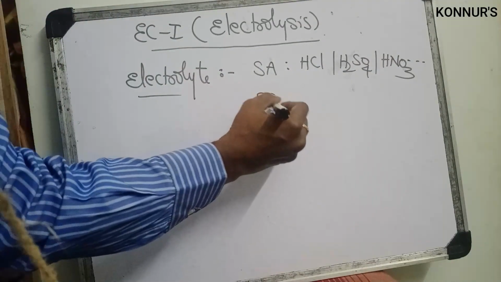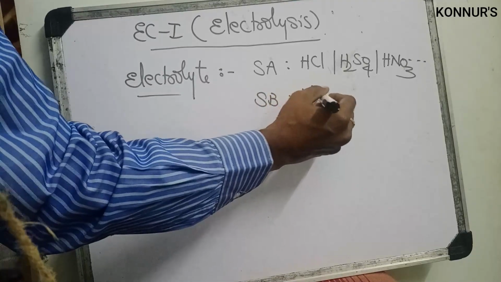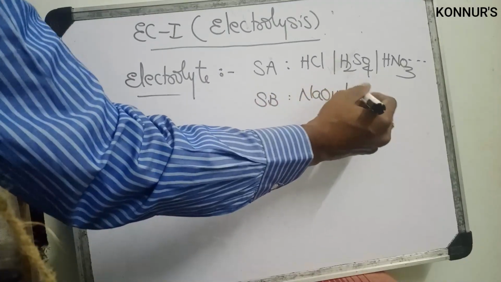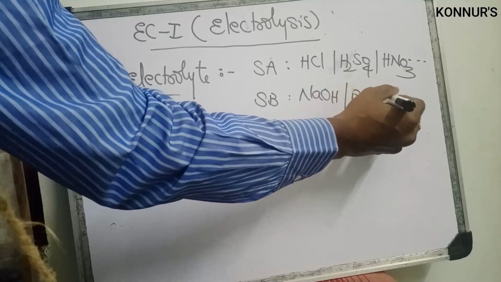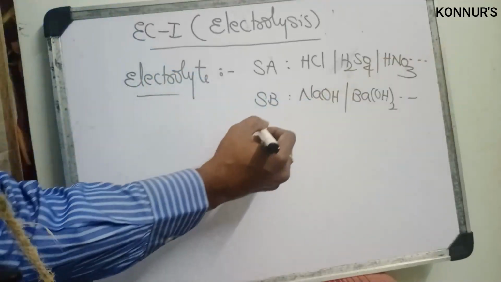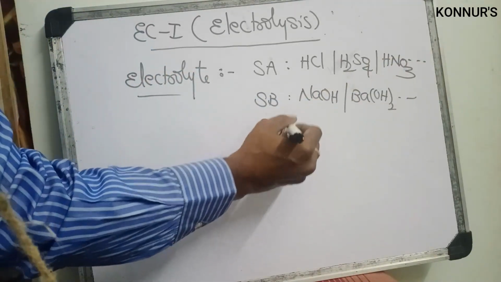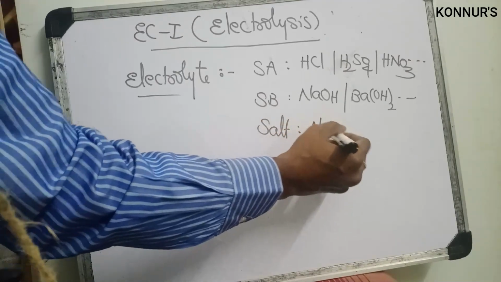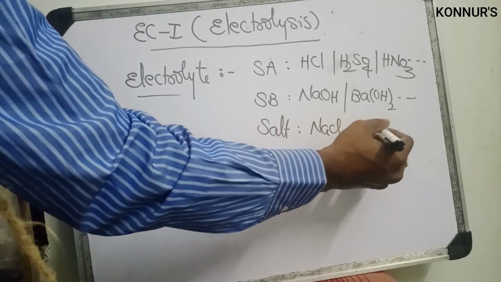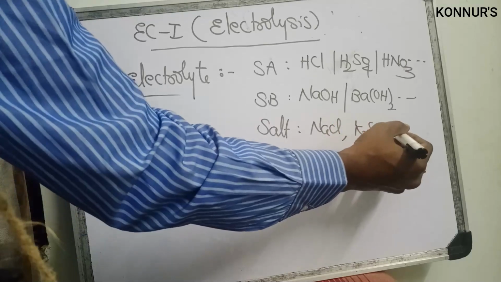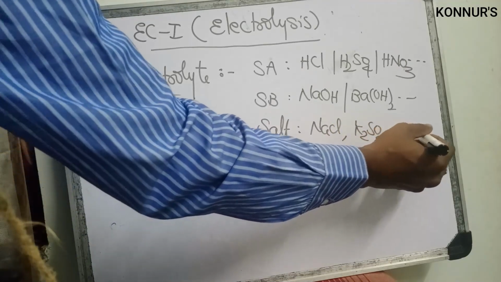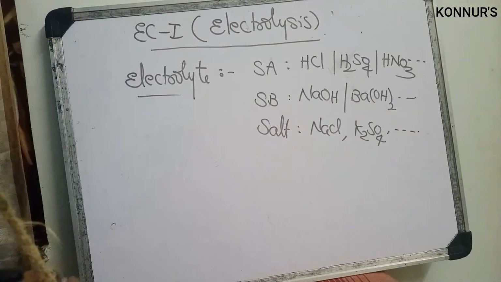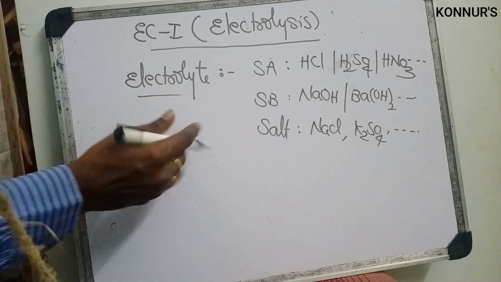Next, strong bases, so you take NaOH, barium hydroxide, anything like that. Next, salts. You take NaCl, K2SO4, Na2CO3, like that. So many concepts. So this is the electrolyte.